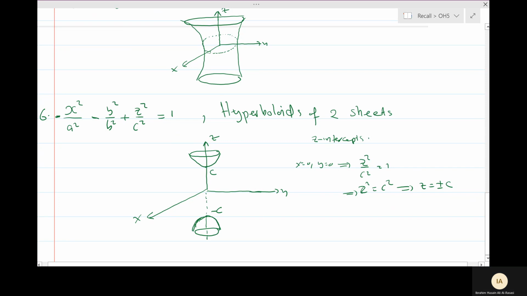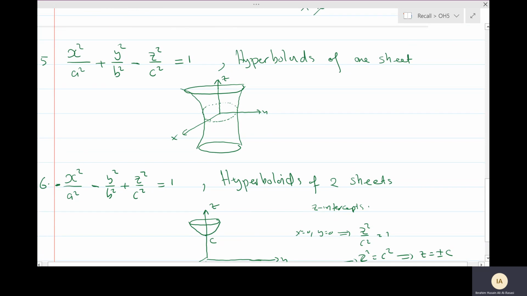How to remember which one is 1 and which is 2? If you have in the equation 1 negative sign, it will be 1 sheet. If you have 2 negative signs, you have 2 sheets. The number of sheets is equal to the number of negative signs.